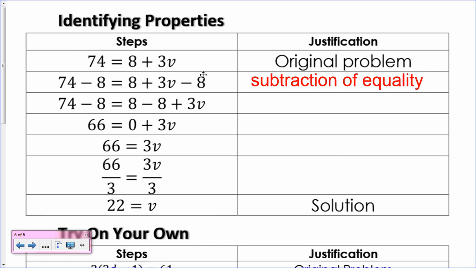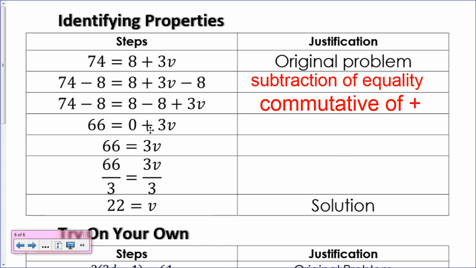And to get from this line to the next line, 74 minus 8 equals 8 minus 8 plus 3v, nothing changed on this side. On this side, the only thing that changed was we moved the minus 8 in front of the 3v. So we just changed the order. Changing the order, that's the commutative property, and it was over addition. So, like I said, that's why it's got a little plus sign on the end.